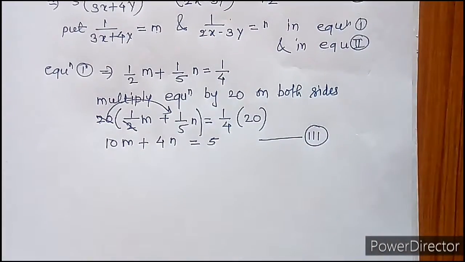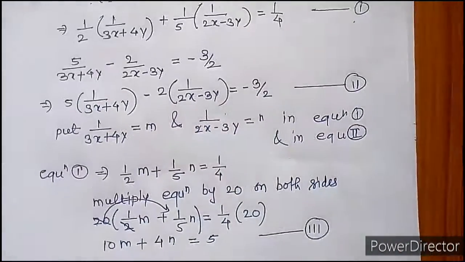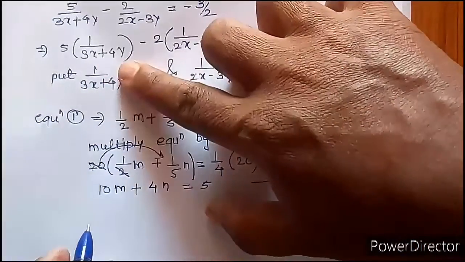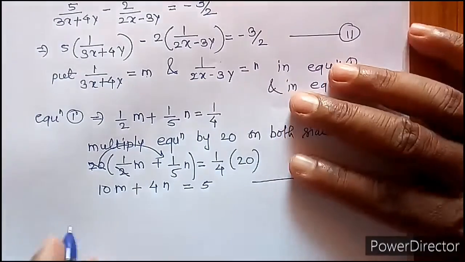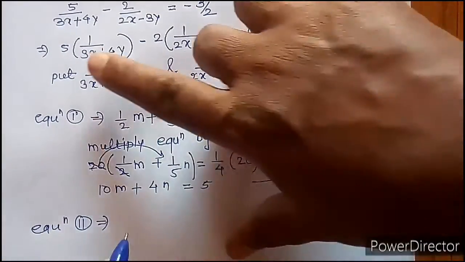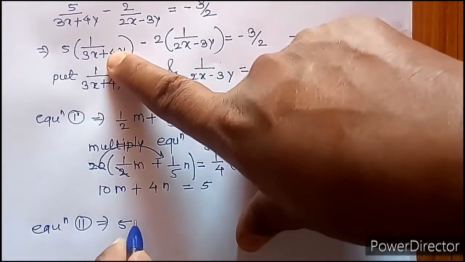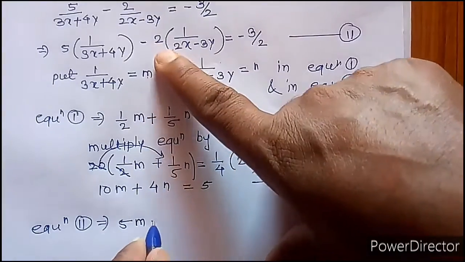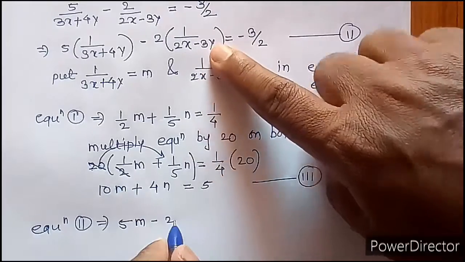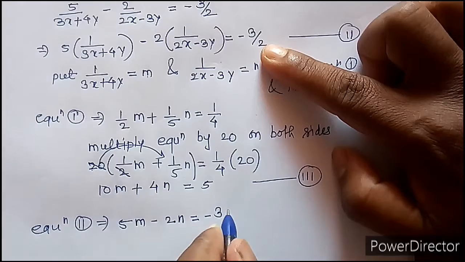Now we have to put the values of m and n in equation number 2. Equation 2 becomes 5 as it is, the value of 1 by (3x + 4y) is m, put m here, minus as it is 2 into the value of 1 by (2x - 3y), put n here, equals minus 3 by 2.